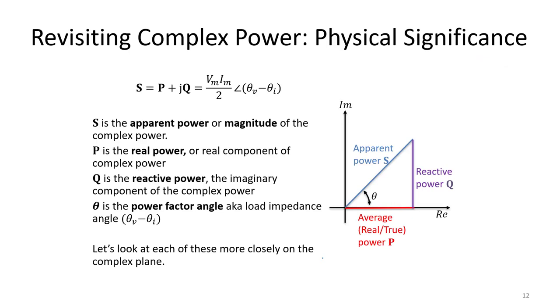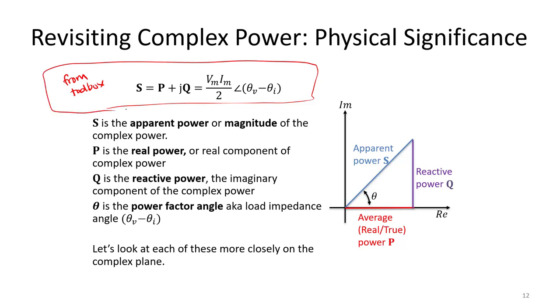So our first topic for today was reviewing the physical significance of our complex power. You remember from our toolbox, we have this nice equation for complex power. We know that our complex power is given in rectangular form by P plus jQ, or in polar form by our apparent power S angle theta.